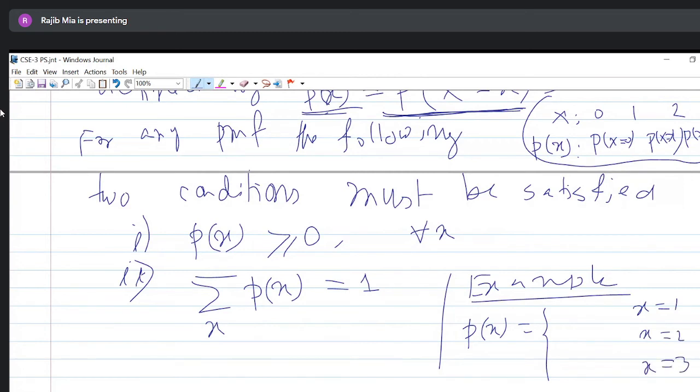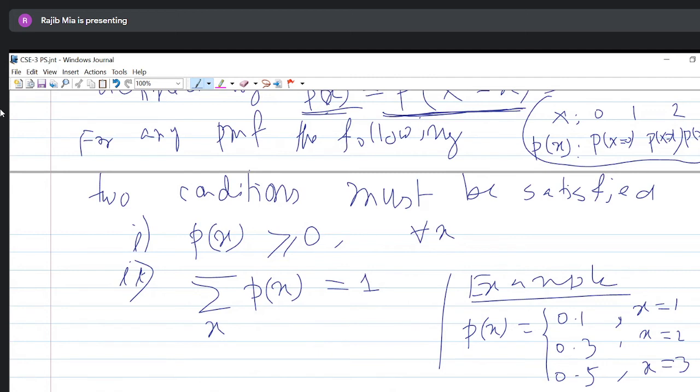So there are three possible values of the random variable x, and the probabilities are given as: at x equals 1, probability is 0.1. At x equals 2, probability is 0.3. At x equals 3, probability is 0.5.